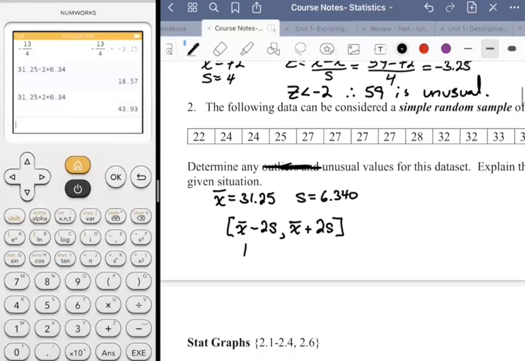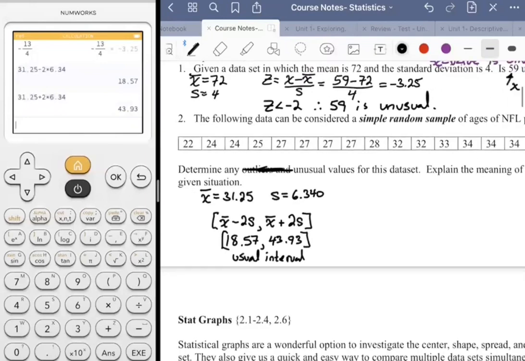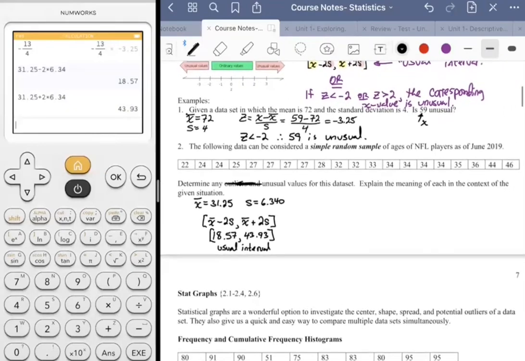So anywhere between 18.57 and 43.93 would be considered unusual. I'm sorry, it would be considered usual. This is the usual interval. So anything that falls outside of these two numbers would be considered unusual.